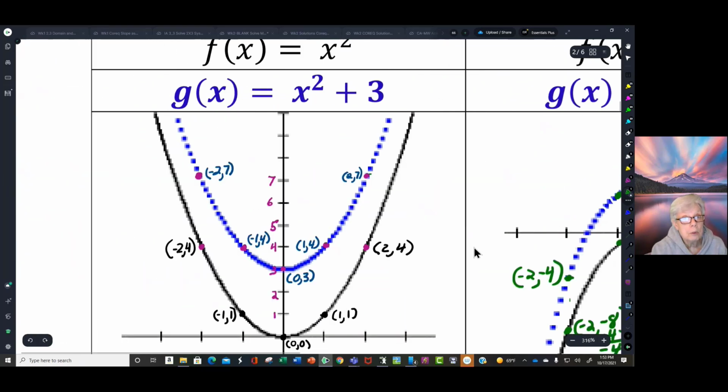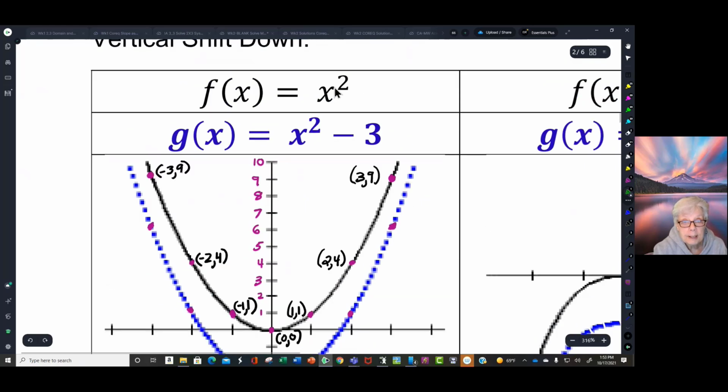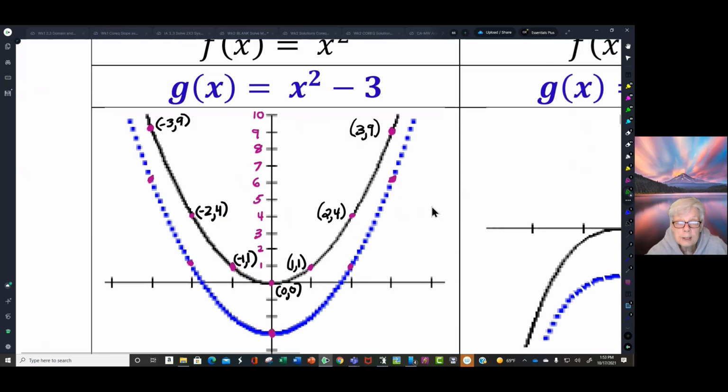Well, where there's an up, there should be a down. Right here. We're going to take the basic graph and subtract 3 or add -3. They're the same thing. But just for the sake of being easy, I'll say subtract 3. We're going to subtract 3 from every y coordinate on the graph of f of x equals x squared. We're going to subtract 3 from 9.